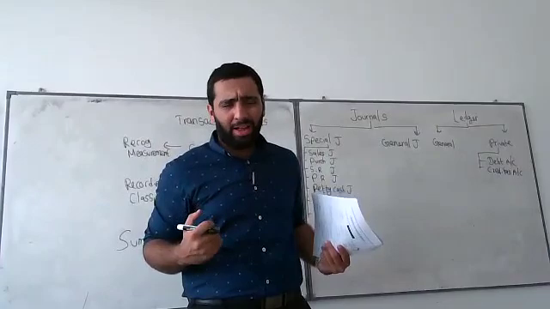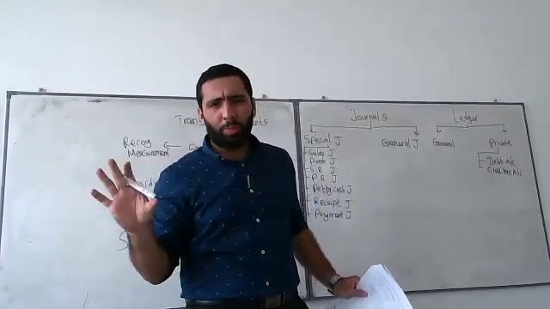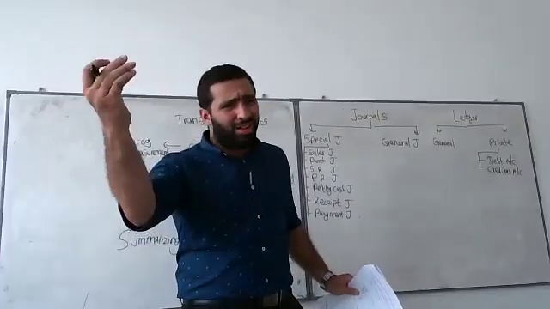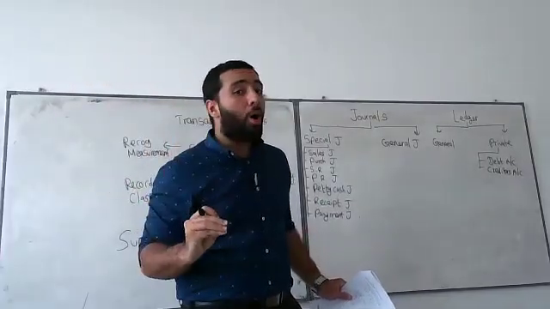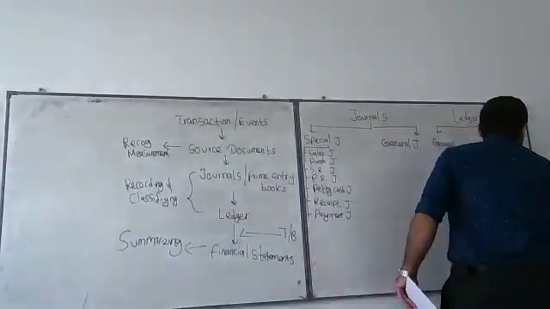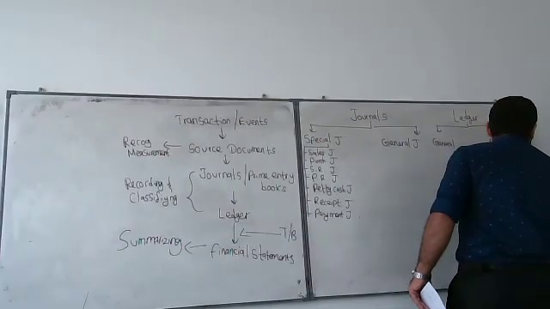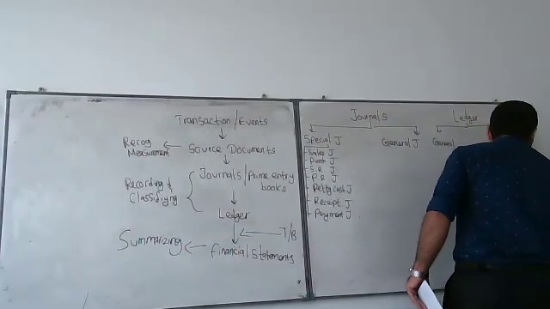I don't need the money now. You give me the money later. No problem. But that is called the debtors account. That is also called the sales ledger. Very important. Sales ledger. And this is the purchase ledger.